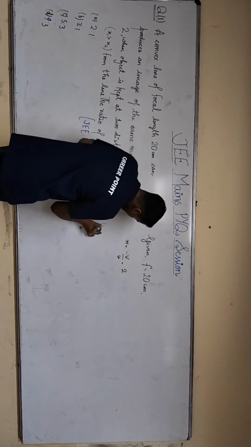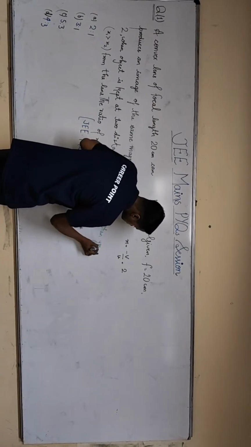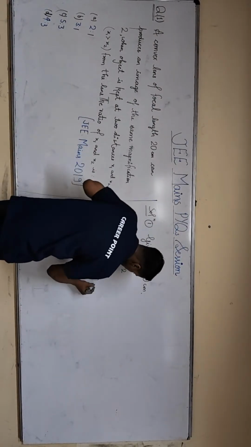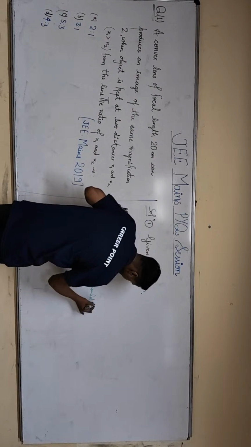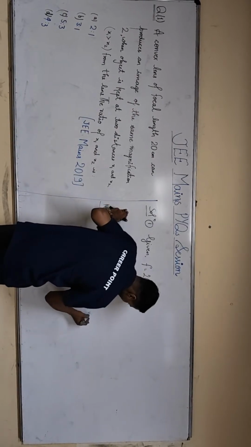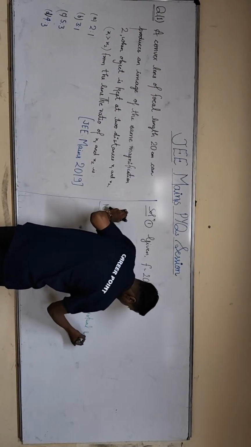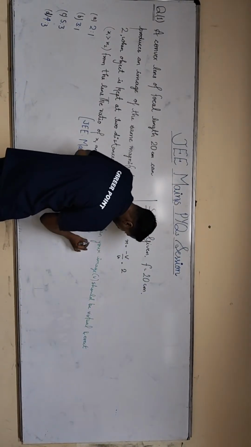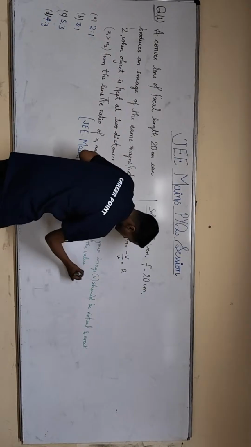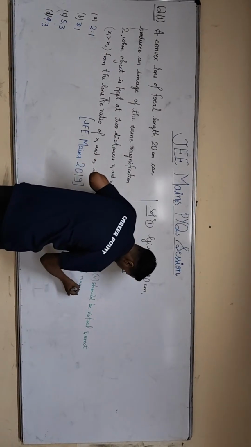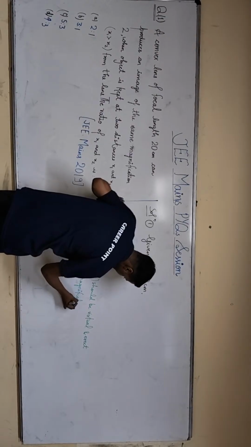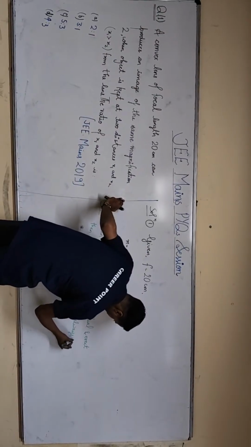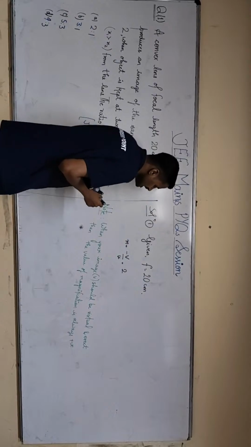When the image is virtual and erect, the magnification is always positive.